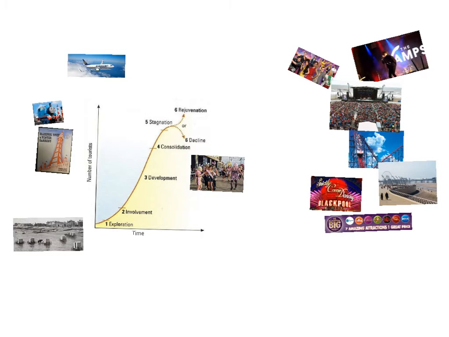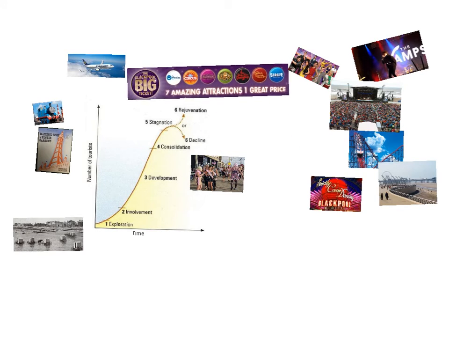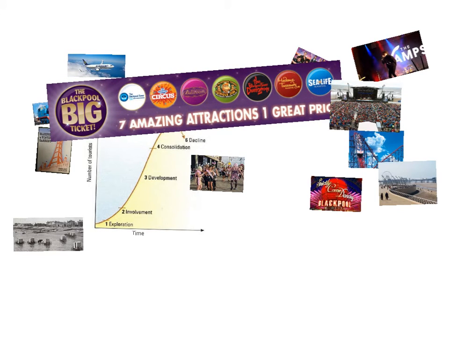And in 2000, huge amounts of money invested in a range of different things. First thing that was done was to get a company like Merlin, who we know in charge of Madame Tussauds and Alton Towers and so on. Merlin came in and improved a lot of the facilities.